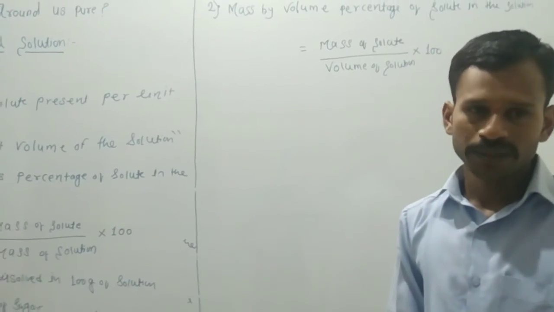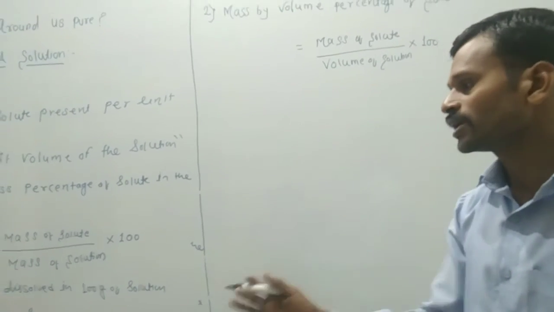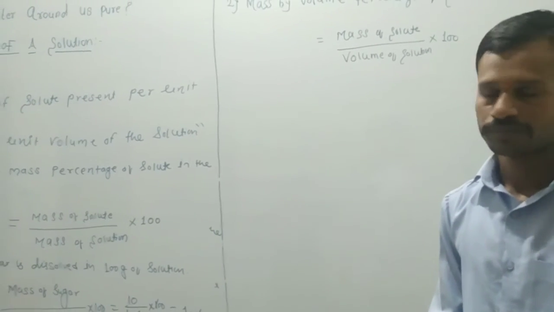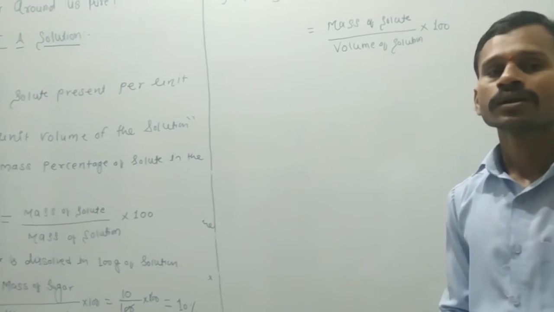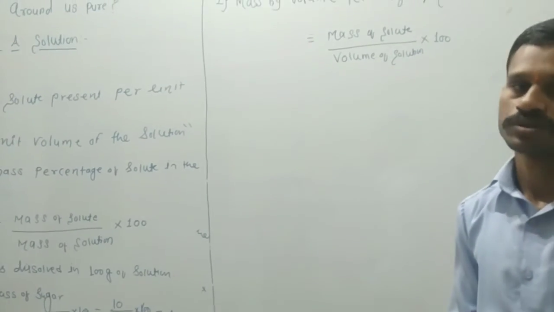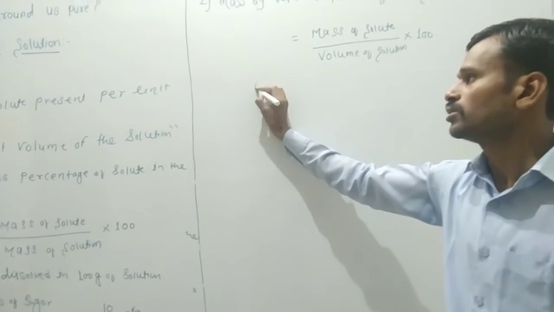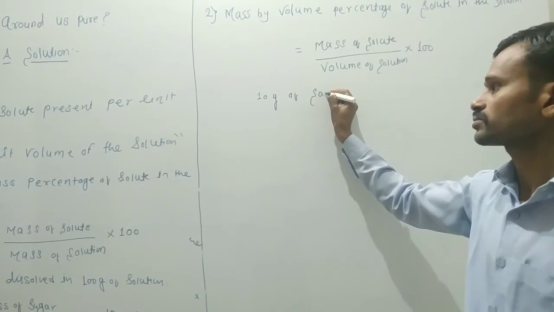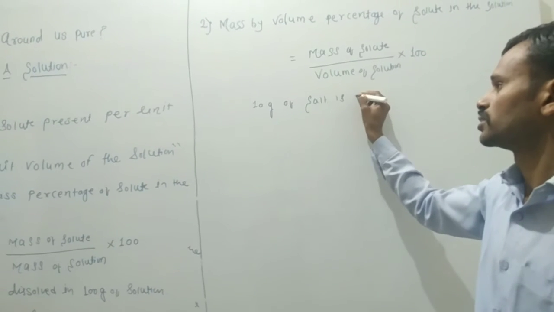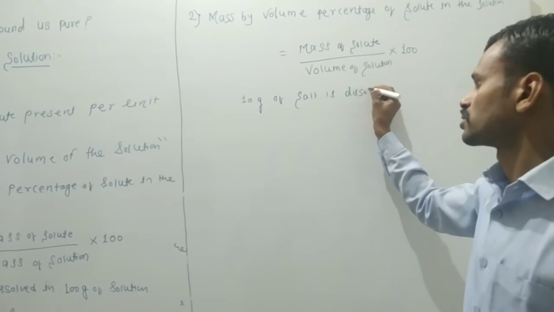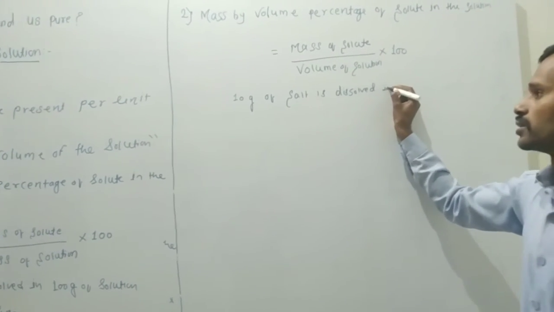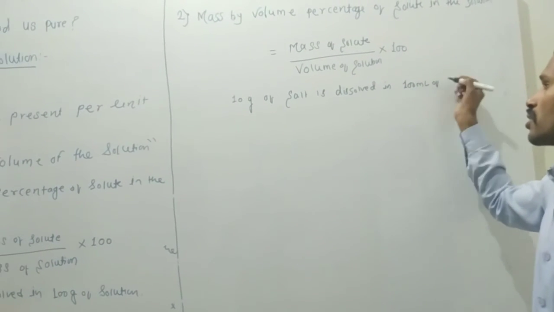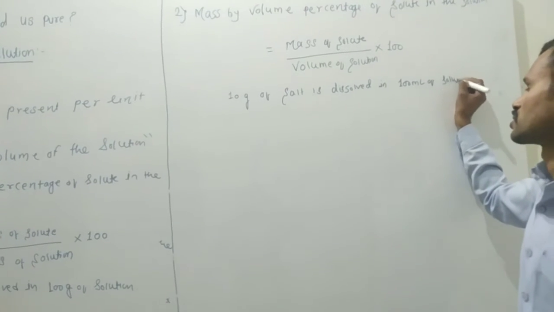For the example, 10 grams of salt is dissolved in 100 milliliters of solution.